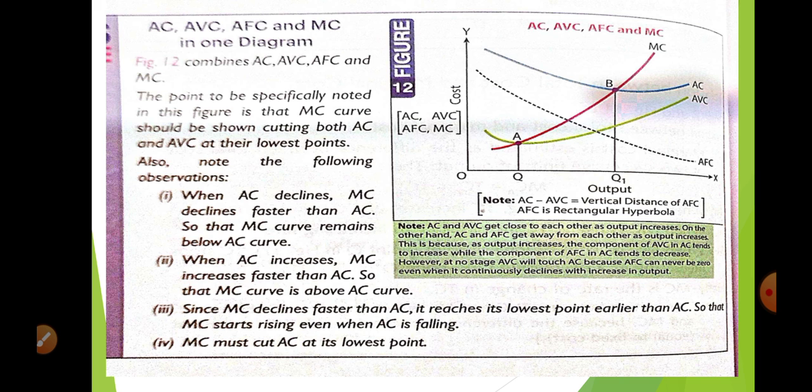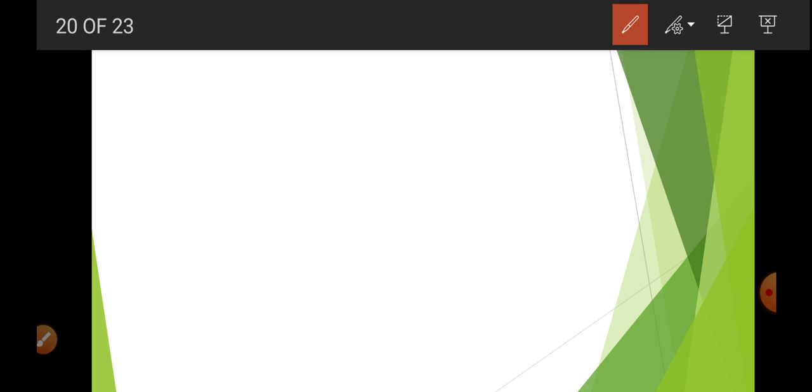Okay. Now here is given the combined relation between AC, AVC, AFC and MC. First of all, I am going to explain it in my own way, then I am going to explain it with the book. When you are learning it combinedly, you have to keep in your mind that MC, AC, AVC, all these curves are U-shaped.